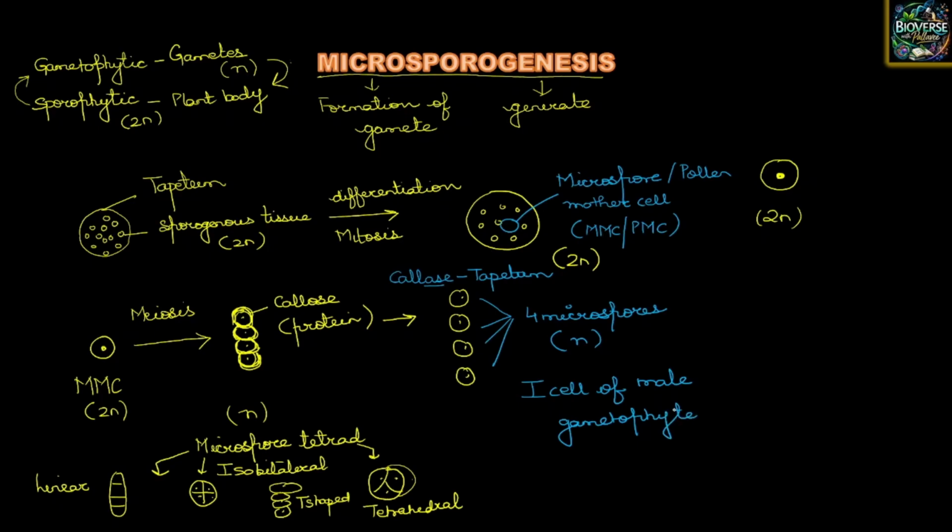So now finally what has happened is we have got the first cell of the male gametophyte. In the next slide, children, we'll talk about how the pollen grain is formed. Now, the pollen grain that has been formed would be, first of all, a male gametophyte, but that is immature. So this is all about your microsporogenesis.